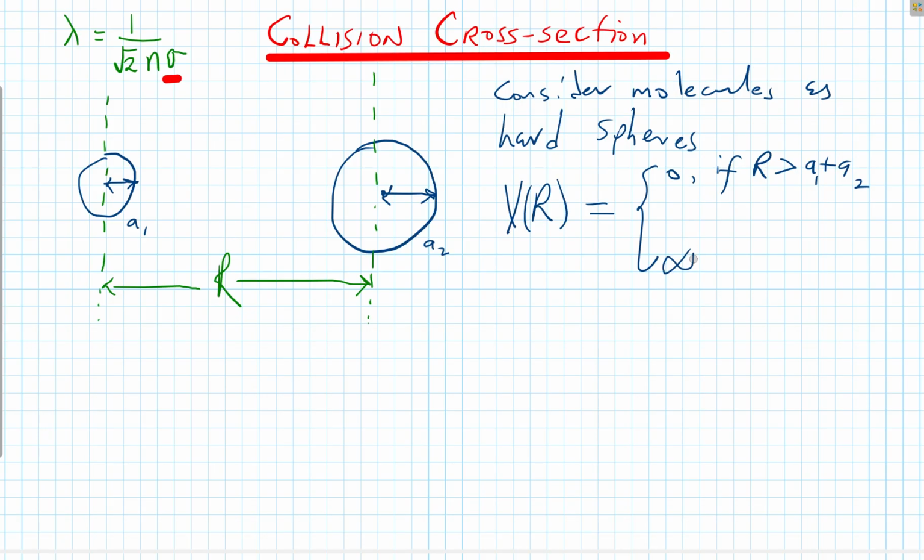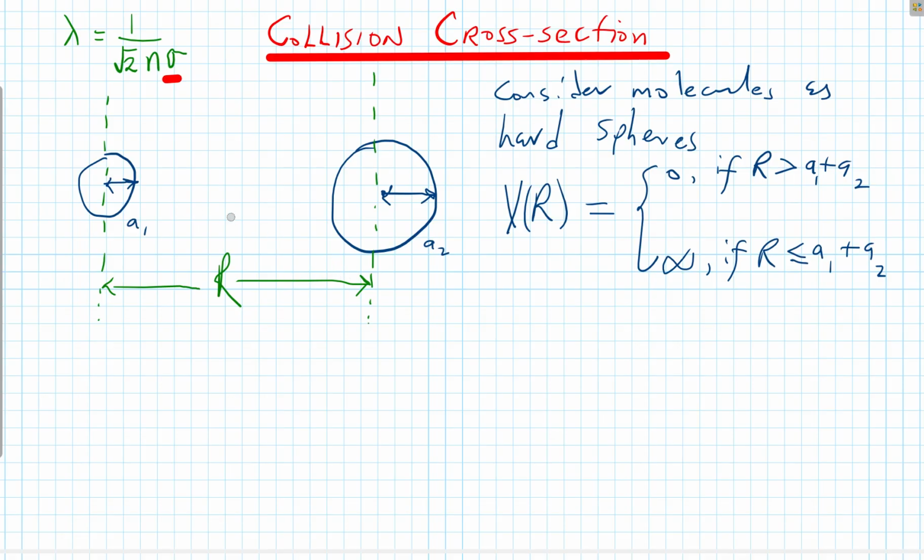Otherwise, it's going to be something huge. Let's say it's infinite, if the separation between them is less than or equal to A1 plus A2. Actually, the separation between the two molecules cannot be less than A1 plus A2, right?